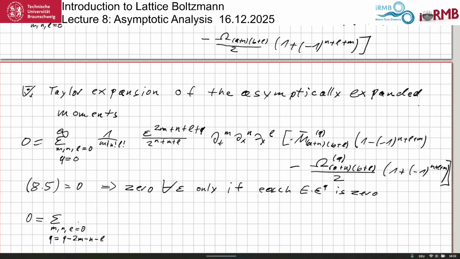All of them are together, so there's no infinity anymore. This q always has to be the sum of these.